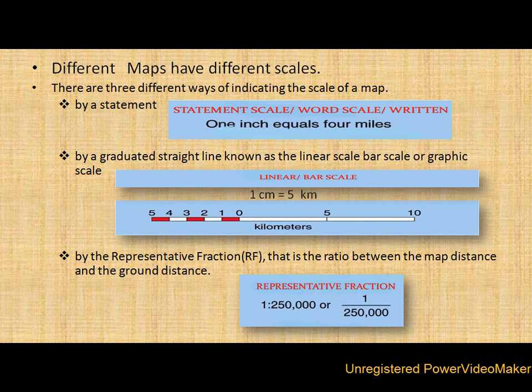A straight line will be there, and the scale used for the particular map is mentioned on the graduated straight line. In the second picture you can see this kind of scale used in the map. This is one way of representing the scale in the map.